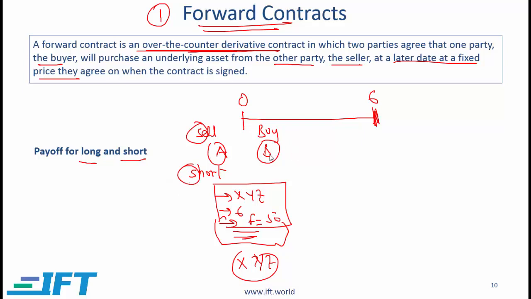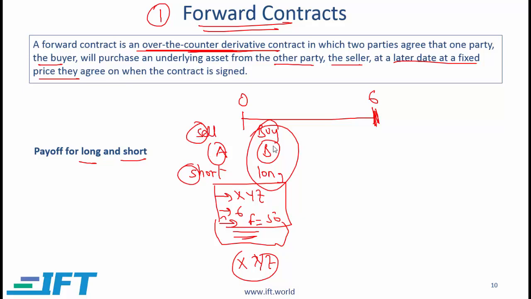Party B is getting into the contract to buy. This is the long party, and the silly way of remembering this is the party that is buying has deep pockets or long pockets, and that is the party which will buy. So long buy and short is the party that will sell.